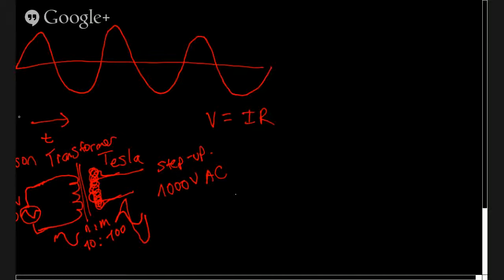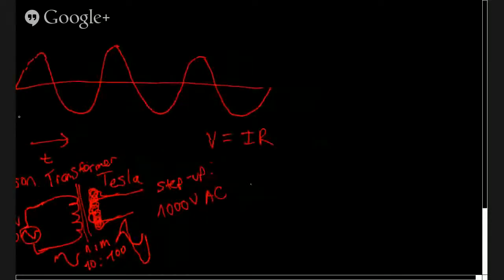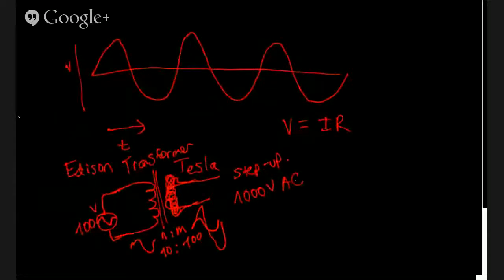So another neat thing we can do, now that we're in the realm of alternating current, is we can have more than one phase. Let's say we have another voltage source that's perfectly 180 degrees out of phase with our first one.